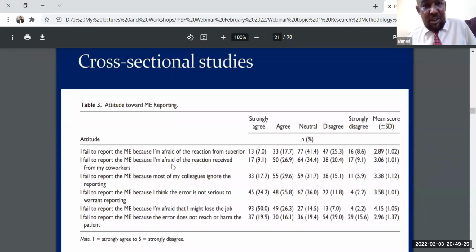And normally we have a positive attitude towards the issue or a negative attitude towards the issue. If we are talking about attitude, one of the issues that we have to take care of is not to compute a score from positive and negative attitude together.